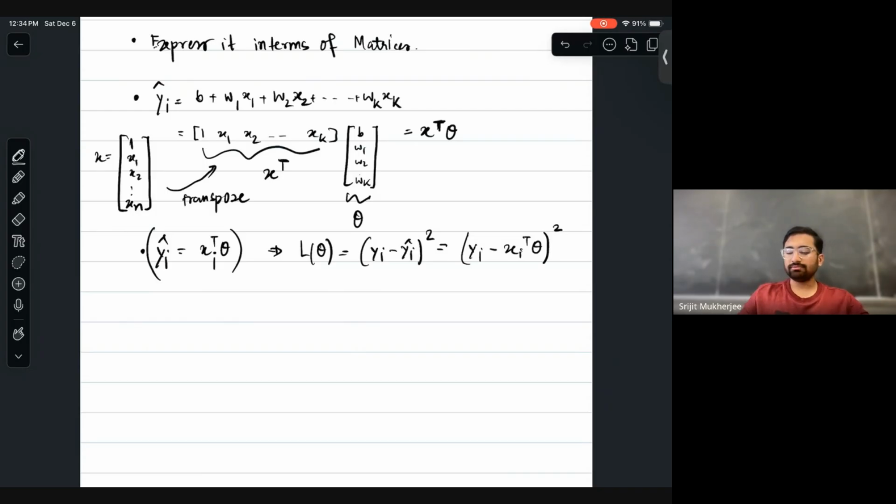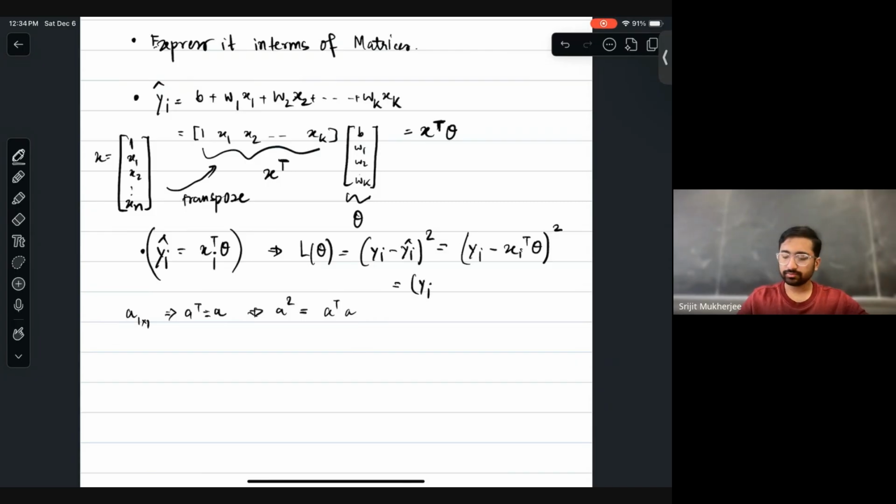Now we are trying to write it in terms of matrices. If a is a single number, a 1 cross 1, then a transpose is also a, because it's also 1 cross 1, the same number. So when we write a square, it's the same as a transpose times a. We will do similar things here.